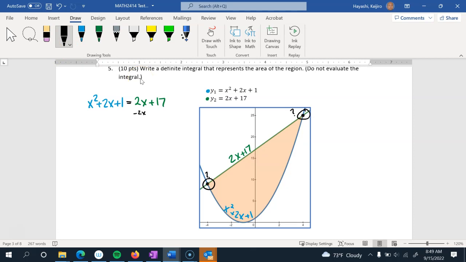Since this is now a quadratic equation, get it to equal 0. Factor x squared minus 16 into x minus 4 and x plus 4, and set each factor equal to 0.